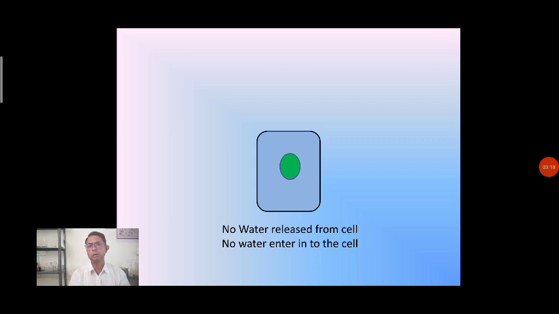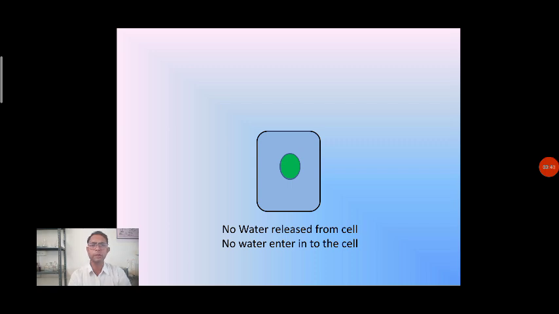So what do we conclude from this? We can say that the potential of the inner side of that cell is equal to the potential of the outer side of the cell. We are talking about the potential of water. So when the water potential is equal on the outer and internal side of the cell, then this condition will occur.